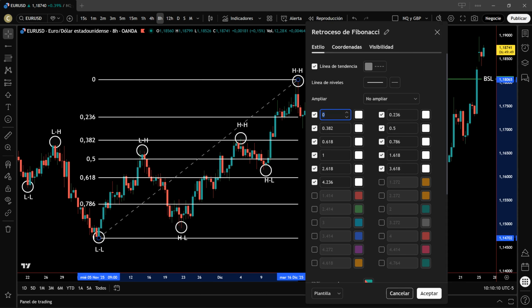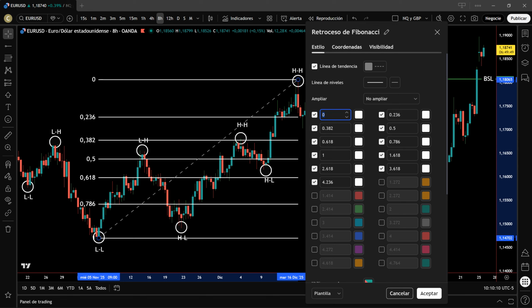With our market structure already identified, it's now time to apply one of the most powerful and widely used tools in institutional trading, the Fibonacci retracement. In this scenario, you can observe my settings window with the exact levels we are going to employ for our strategy. It is of utmost importance that you calibrate your tool to display the key levels, the 0 point, the 0.236, the 0.382, and the equilibrium level located at 0.5.